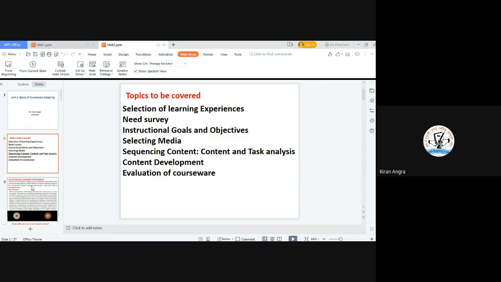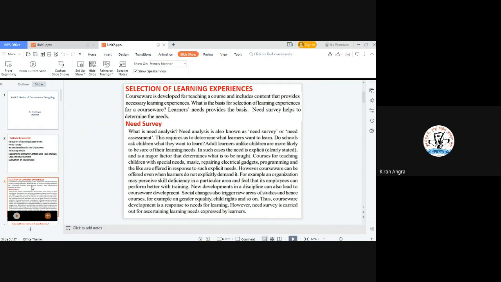So for the selection of any learning experience or courseware, the learner's needs provide the basis. Learners' needs. So the very important thing is the need survey.